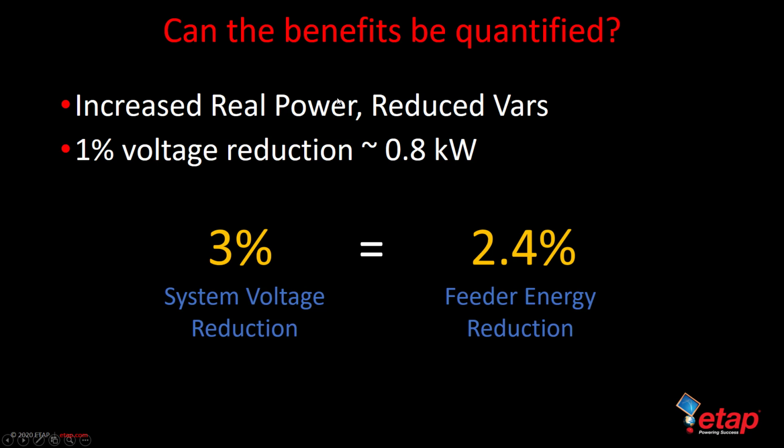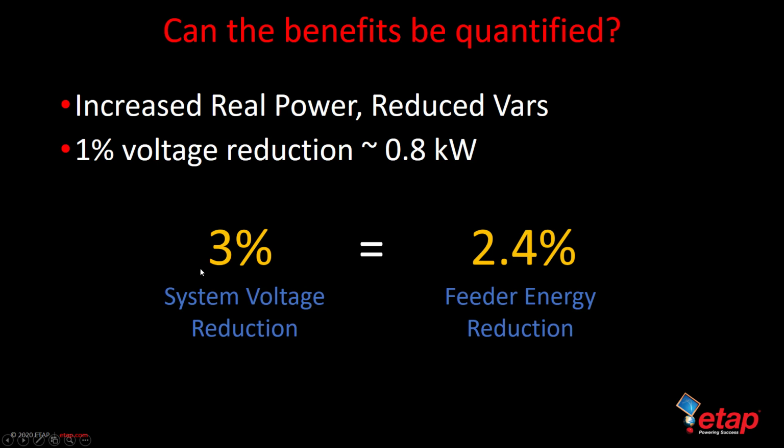For volt-var optimization and control, you can essentially expect increased real power and reduced VARs, which is the main objective and purpose of providing this type of optimization and control. For a 1% voltage reduction, you can expect about a 0.8% real power reduction.